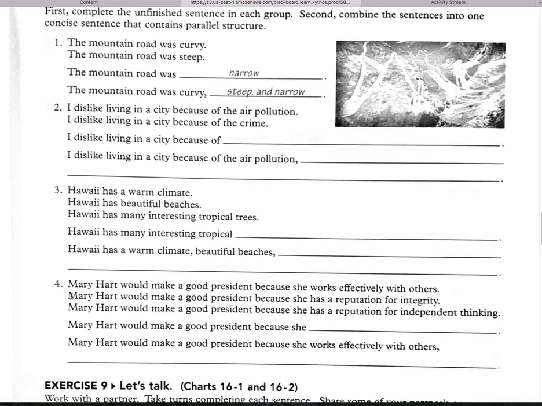So we look at number 3. Hawaii has a warm climate. Hawaii has beautiful beaches. Hawaii has many interesting tropical trees. So you're going to combine those, but first you have to come up with another one of your own.